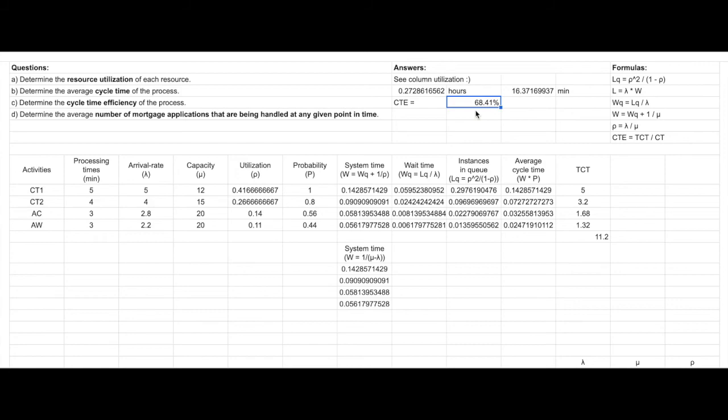So this shows us that quite some time in the process is spent on queuing. As our textbook states, the closer to 100% CTE is, the less room for improving the cycle time we have, unless relatively radical changes are introduced in the process.